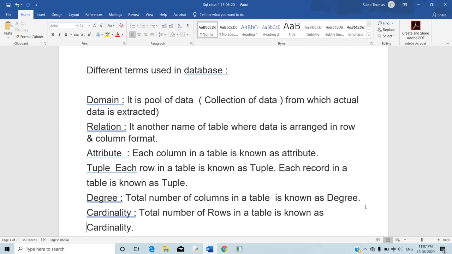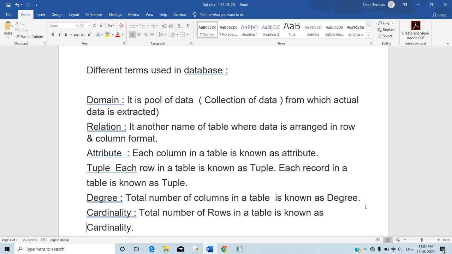If you are considering a student who is studying in a school, his age is in between 5 and 15. So the whole numbers between 5 and 15 is the domain. From that domain, you are extracting the value for the age column.